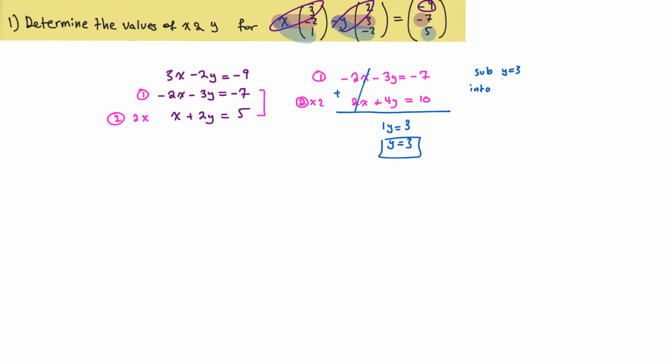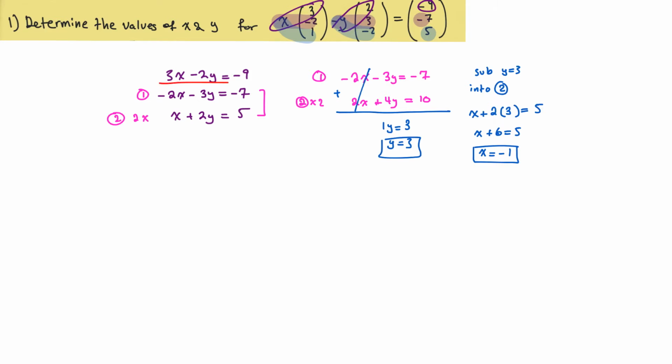In this case, I'm going to use equation 2, and it's going to be x plus 2 times y. Instead of y, I'm going to use 3, and that's equal to 5. So x plus 6 is equal to 5, and x is equal to -1. So I have now used equations 1 and 2 to figure everything out, and those are my final answers.